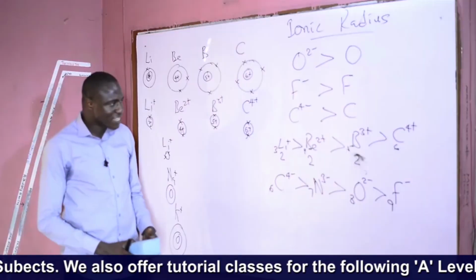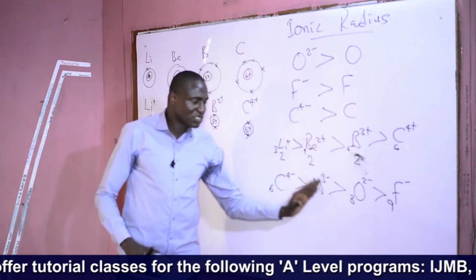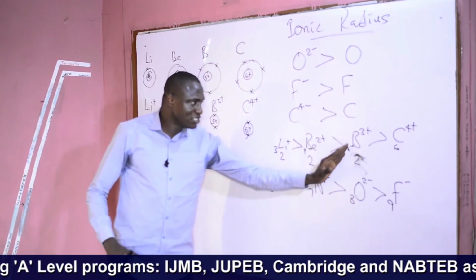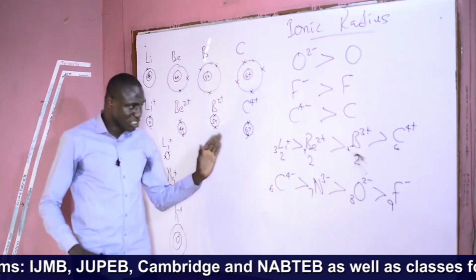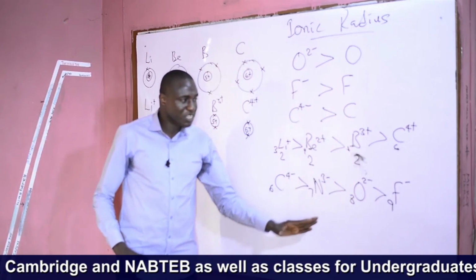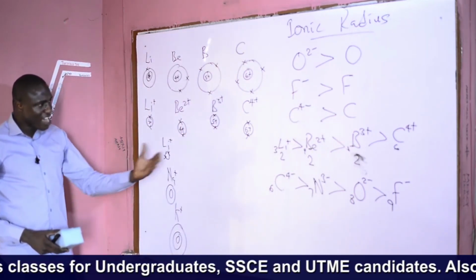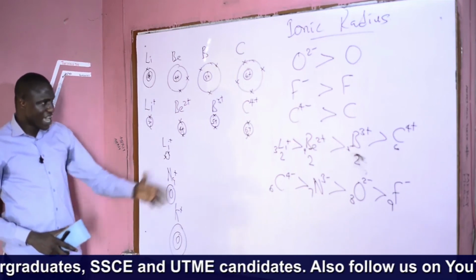So when you consider isoelectronic ions, you have to take care of their charges, whether they have positive charges or negative charges, which is a function of their atomic number.